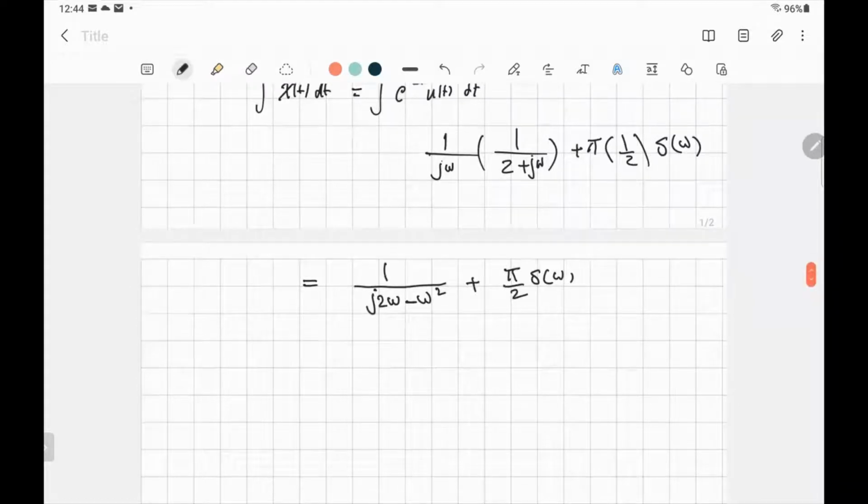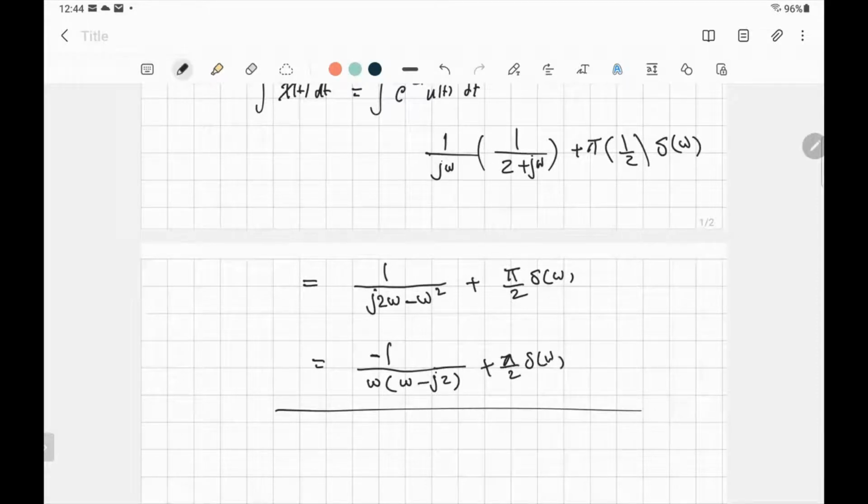That would be the answer. And if you like to put the integer first, we take 1 over omega as a common factor and take minus j as a common factor. So we have 1 over omega times (omega minus j2) plus pi over 2 delta of omega. That will be the final answer after simplification.